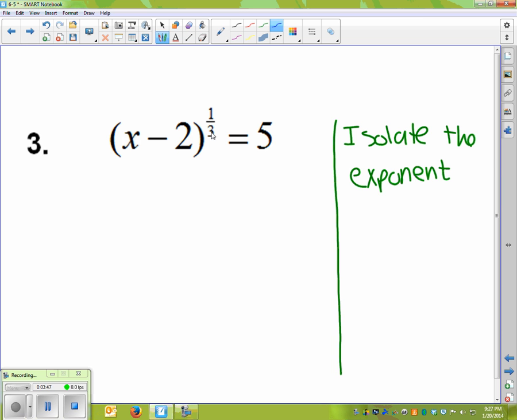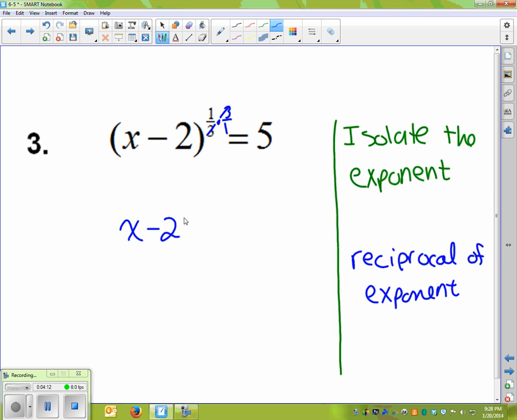I'm going to multiply the exponent by the reciprocal of the exponent. By doing that, I take 1/3 times 3 over 1. The 3's cancel, leaving me this as x minus 2 to the first power.